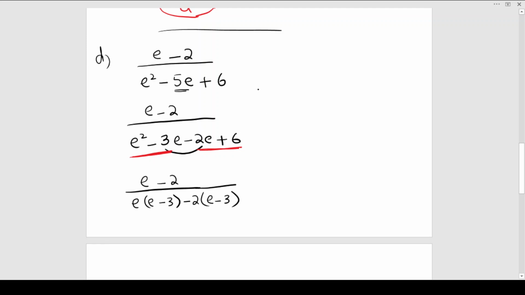I hope you guys got it. The numerator is again e minus 2, and the denominator can be written with e minus 3 as the common factor in both terms. What is left after that is e minus 2.